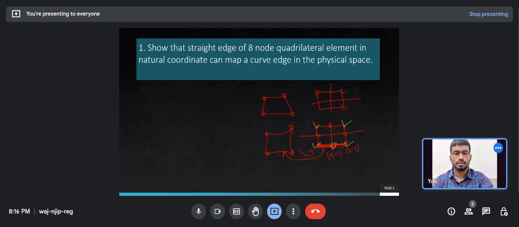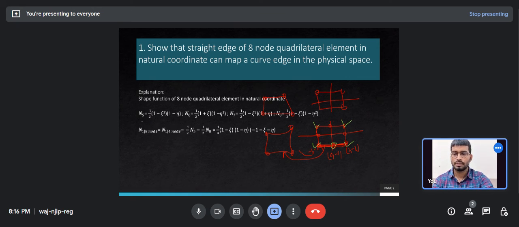So for this element, we can write the shape functions easily, right? That is the shape functions for node 5, node 6, node 7, node 8. We have discussed how to determine the shape functions in the previous sessions. Right? So from this, we can determine the shape functions of a corner node by using these equations.